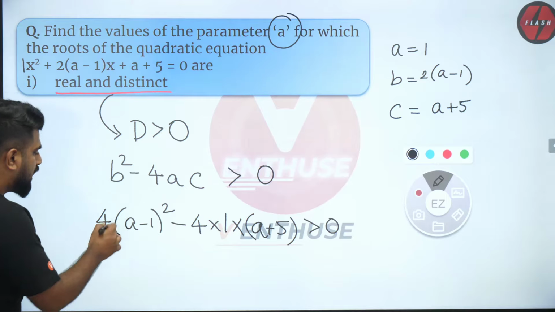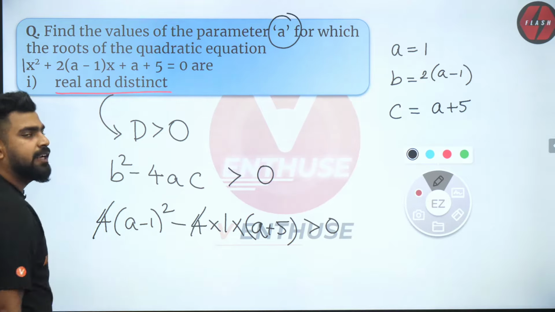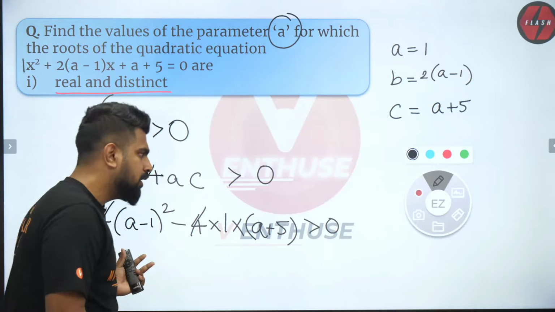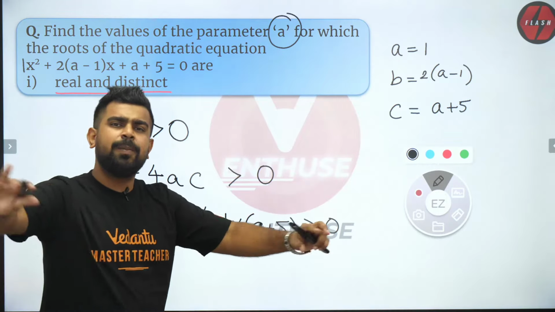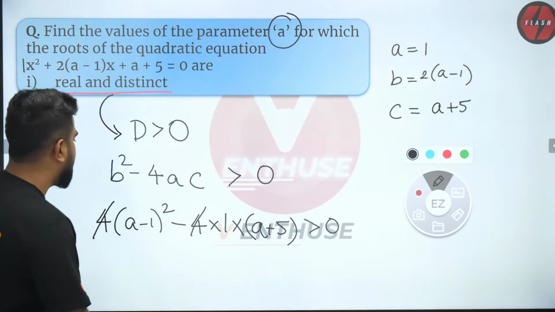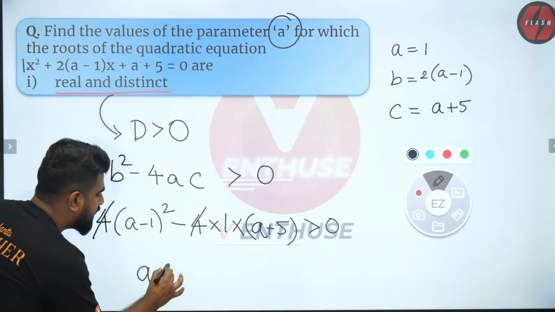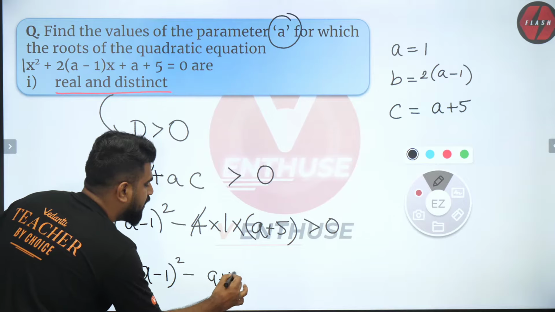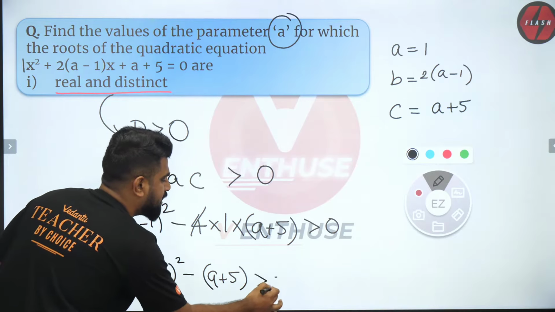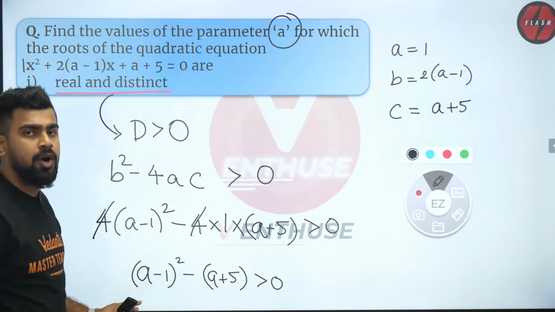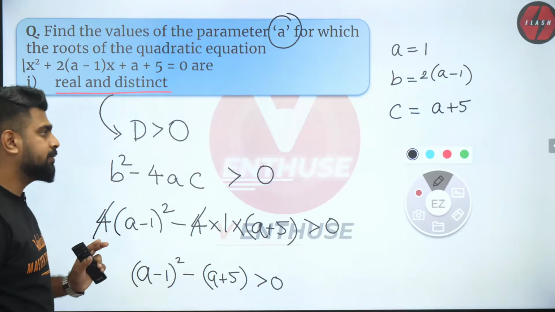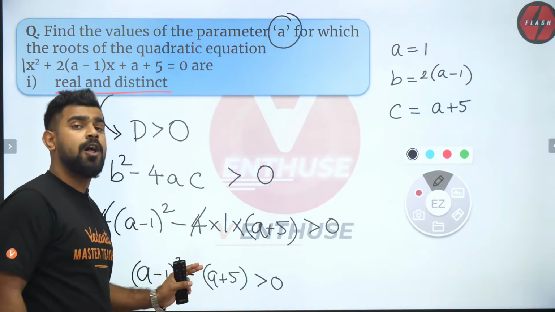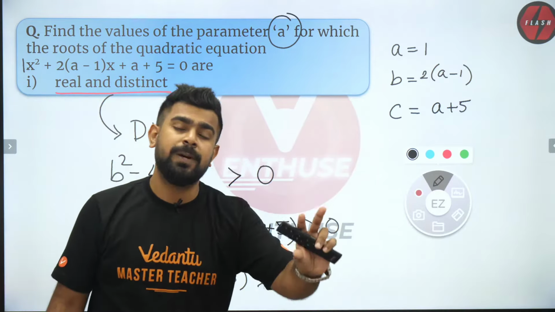So now I can cancel out this 4, isn't it? Because 4 is a constant, you can take it out, move it to the other side, it will be gone. So what I have left out is a minus 1 whole square minus a plus 5, and that is greater than 0. So this is what I have to solve. Are you all with me? This is the inequality that I need to solve if I want to reach my answer.